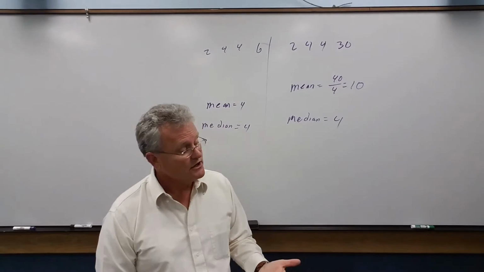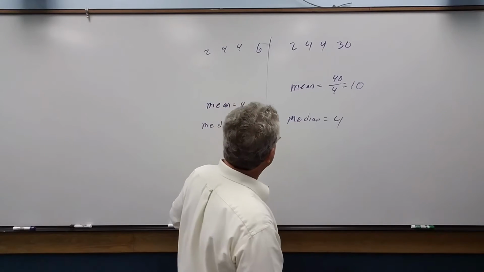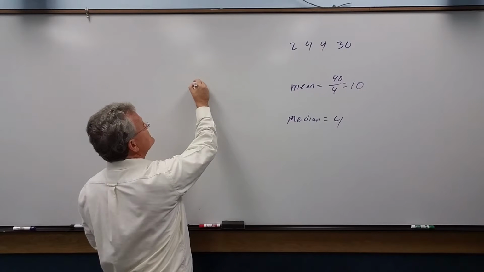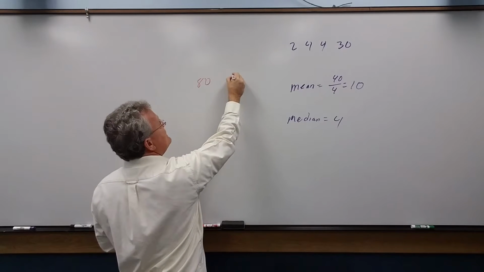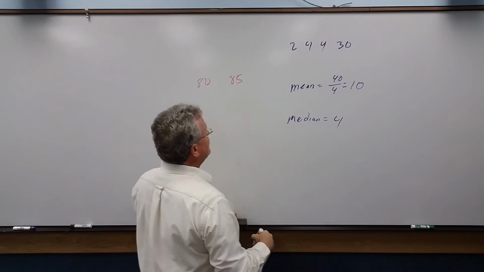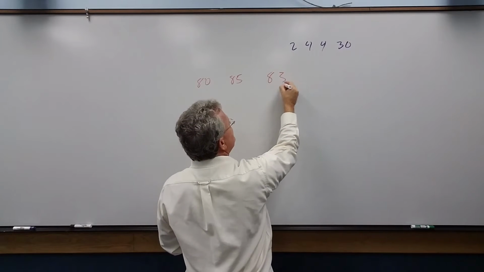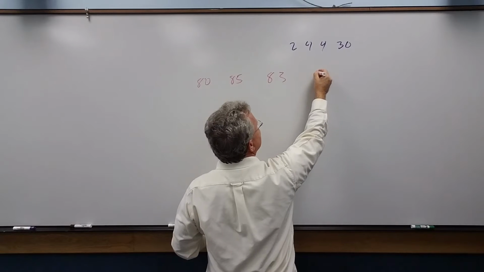So these are things that we want to consider when deciding whether to use the median or mean to describe a data set. If you think about test scores, let's say a student gets an 80, an 85, and 83, and then they have a bad day. They get a 40.